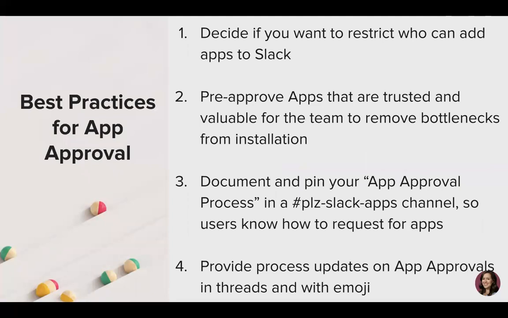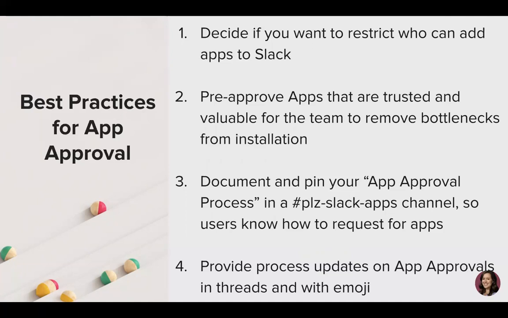Now, that was a fair amount of information, so let's recap on some general best practices when it comes to app approval. So first off, decide whether you want to restrict who can add apps to Slack and who those people should be. We do recommend that you pre-approve apps within Slack that are trusted and valuable to your team, just so that you don't create any bottlenecks and take some of that legwork away from you as an admin, which is always nice. You can document and pin your app approval process as you design it within a channel like Please Slack Apps or Help Slack Apps, so users know where they can make a request and what that process looks like.